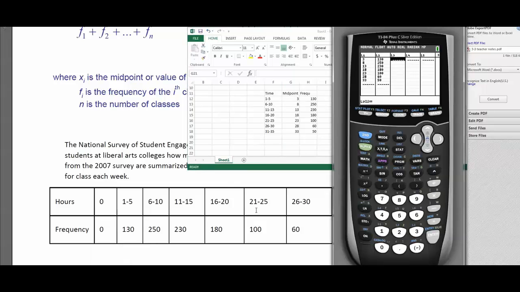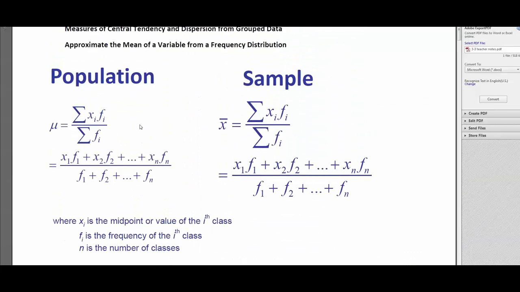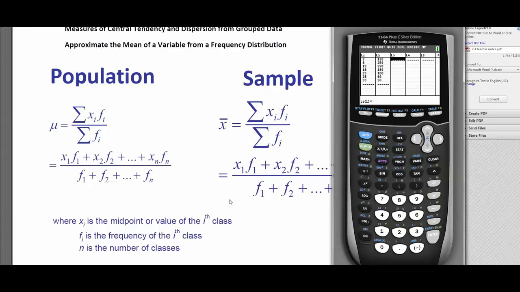We are now going to go to a calculator, and we're going to type in the midpoints and the frequencies. That's all we need for this particular calculation. Let me get the formula again so we're staring at it. According to the formula, I need to multiply the midpoint times the frequencies.